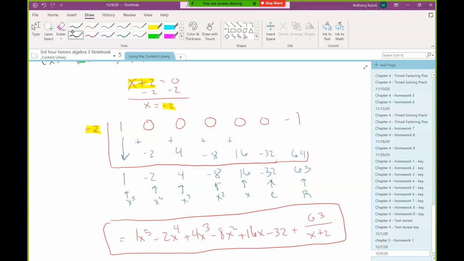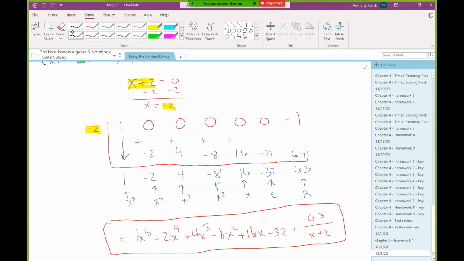Which is a fabulous shortcut. Look at how much less space that takes up than a long division problem. Look at how much faster that is. So many fewer opportunities to make an arithmetic mistake. Very, very efficient, very fast. Quite a useful method.